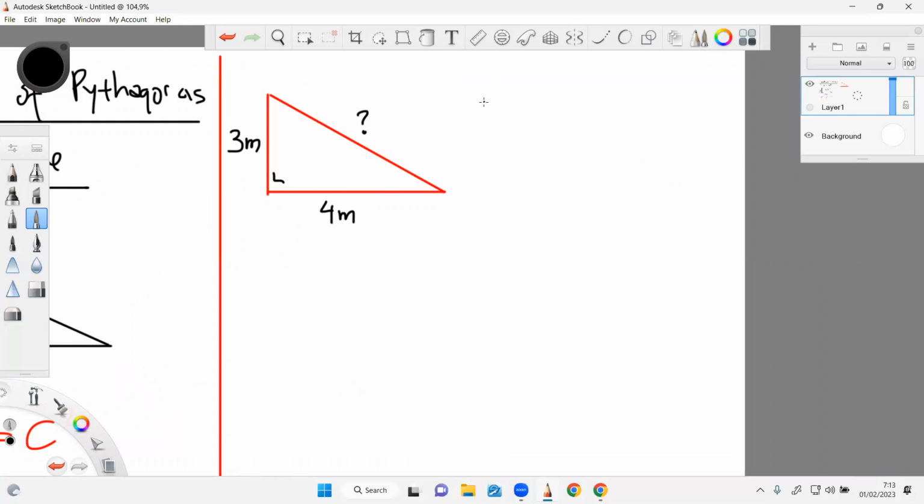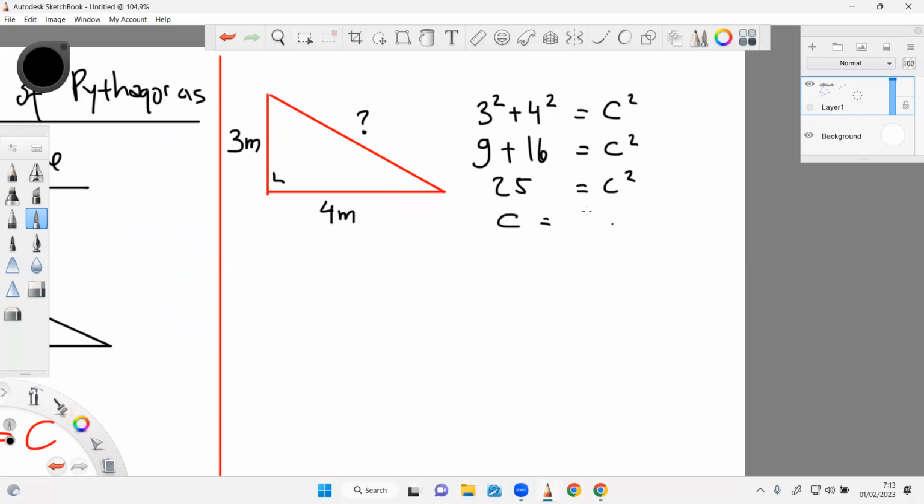So the hypotenuse square, or C square, equals 3 square plus 4 square. We haven't got the value yet, right? So 3 square is 9, 4 square is 16, 25 is C square. So C will be, not divided by 2, be careful, square root of 25, which is 5.